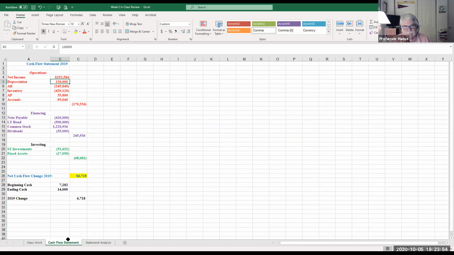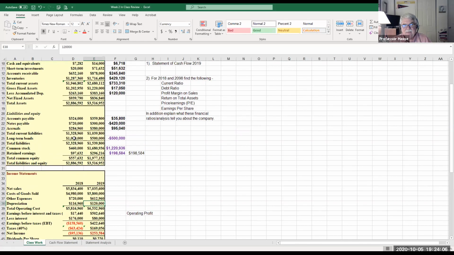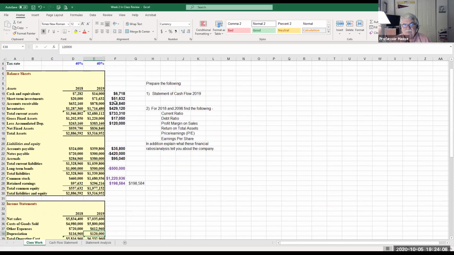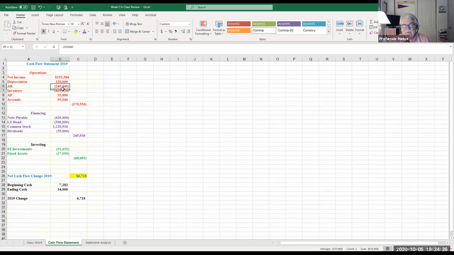Okay. But then we got some problems. Operating assets and operating liabilities. Operating assets: accounts receivable and inventory. In this case, they both went up, 245,000 and 429,000. Because those assets went up, that's negative cash flow here.